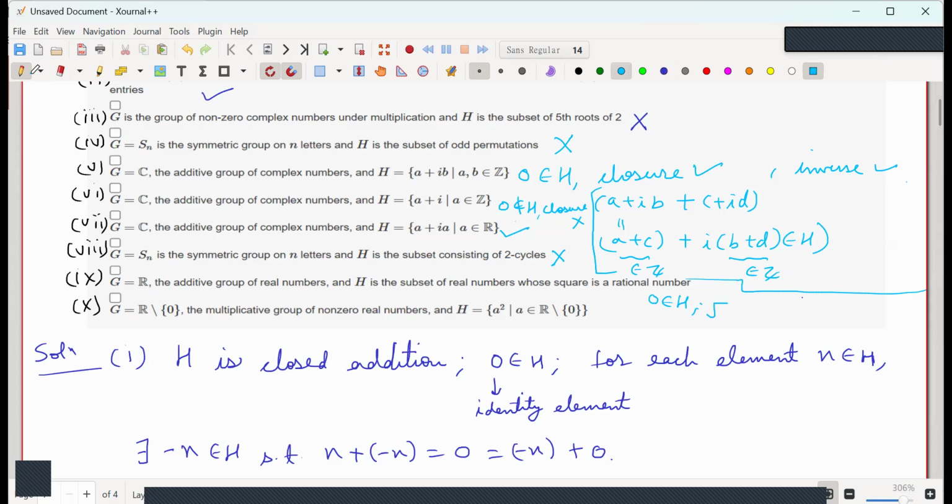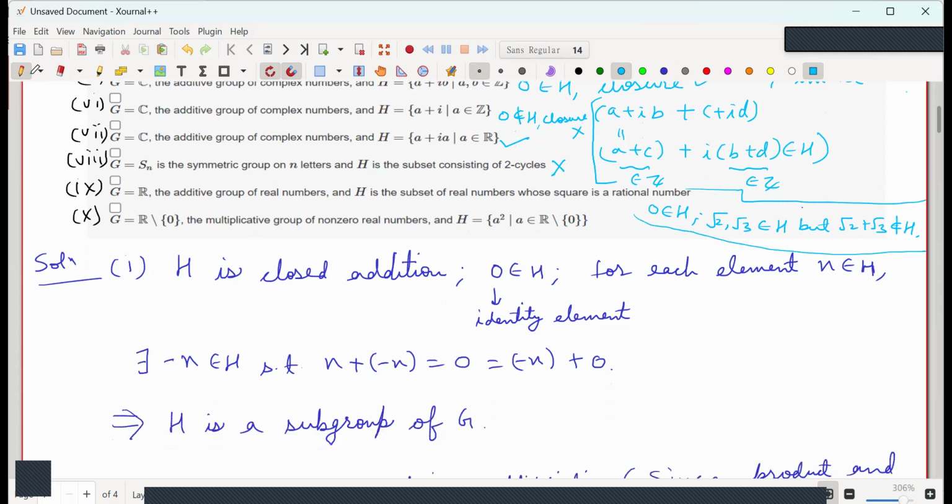So root 2 and root 3 are inside H, but root 2 plus root 3 does not belong to H. Good, Manu. Yeah, because its square is not a rational number.